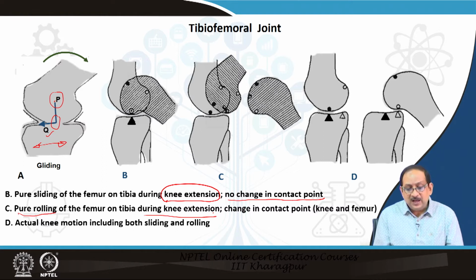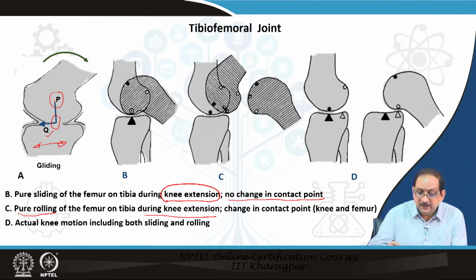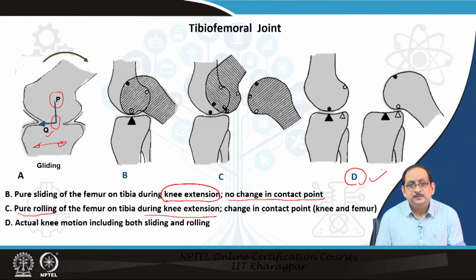There is actually a change in the contact points of the femur and tibia while the femur rolls on the tibia. In figure D, actual knee motion including sliding and rolling is shown.